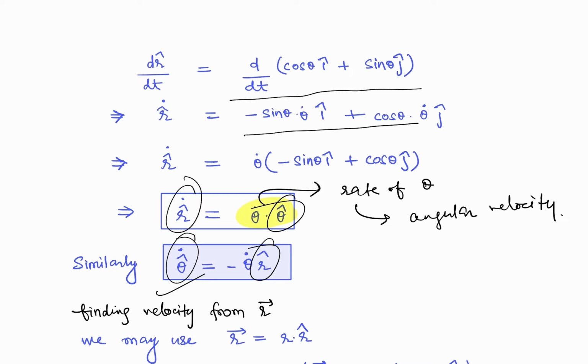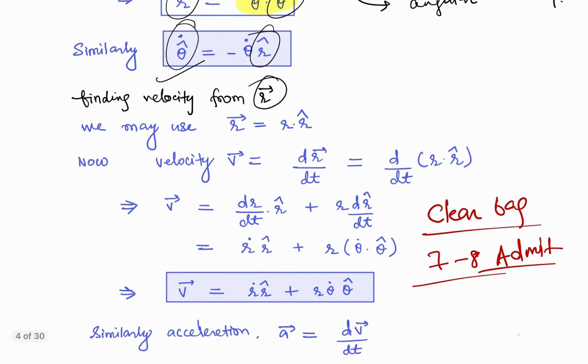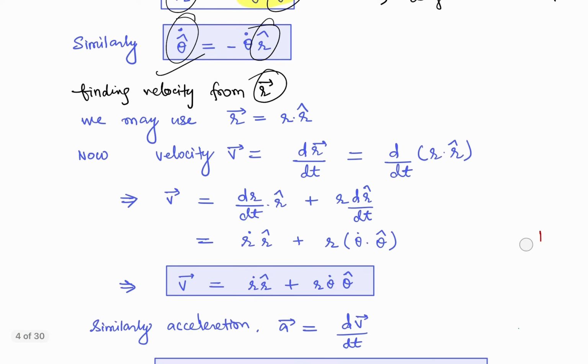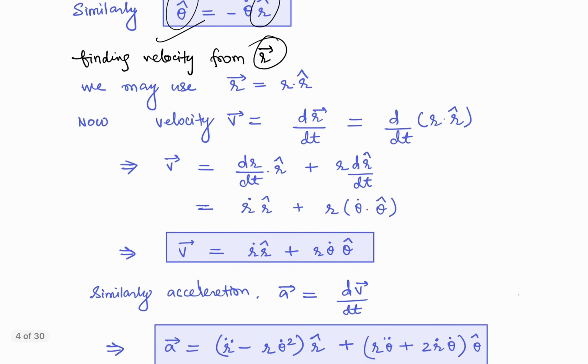So this is what we meant by orthogonal basis vectors. Now if you differentiate r, you will find the velocity. So velocity is v = dr/dt, and r is the r magnitude multiplied by the r unit vector.